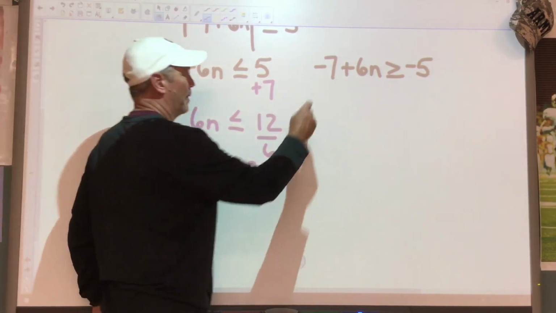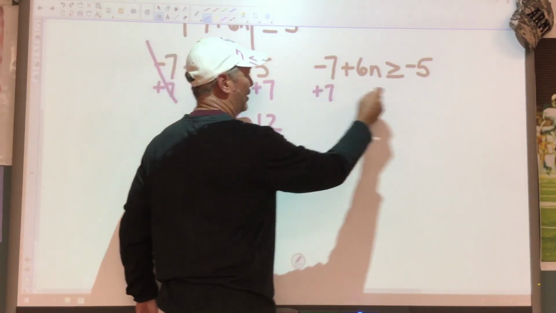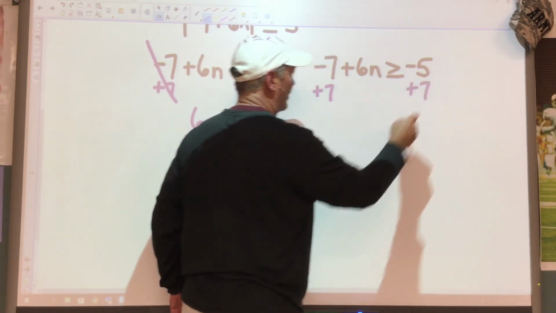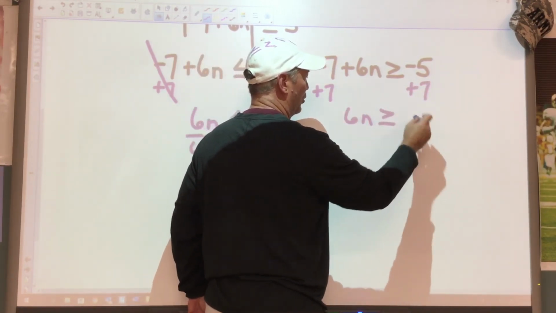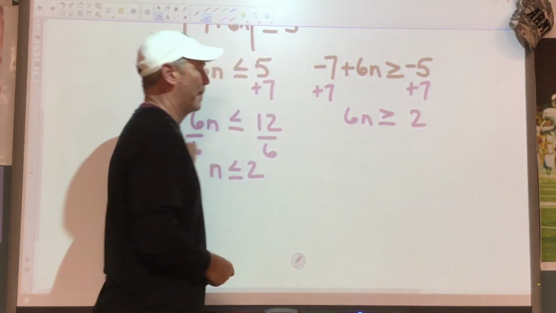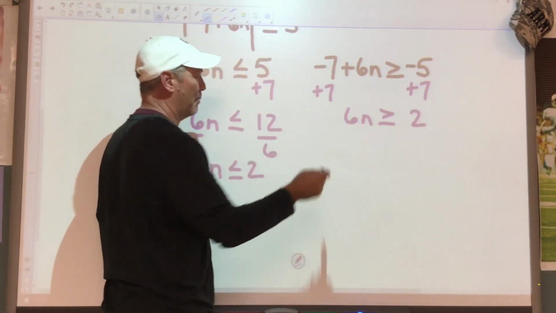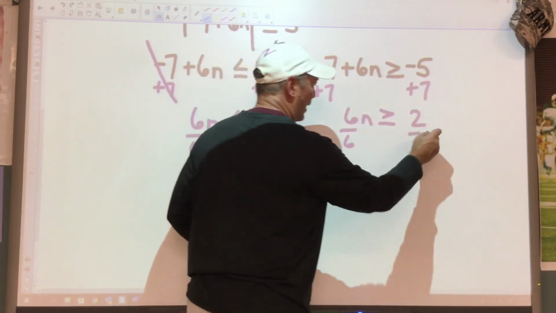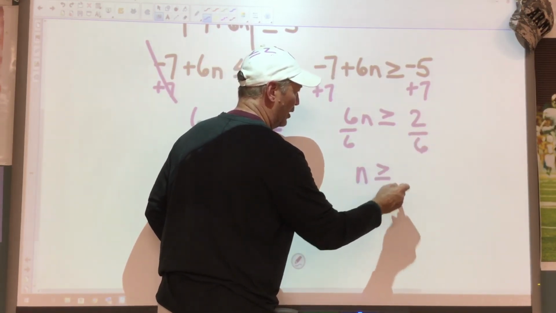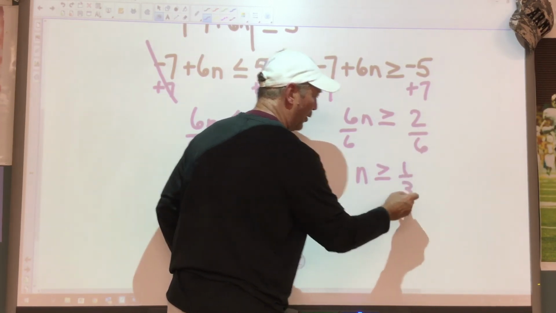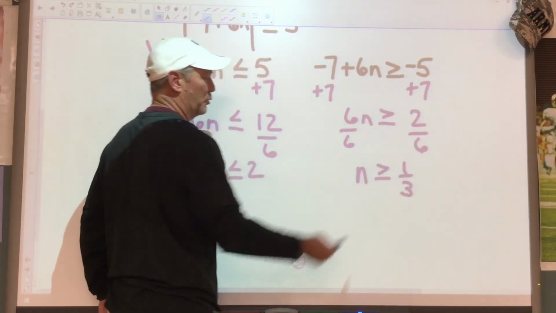Over here, plus 7. Plus 7. 6n is greater than or equal to the number 2. Divide by 6. Divide by 6. N is greater than or equal to 1/3. 2 over 6 will reduce to 1/3.